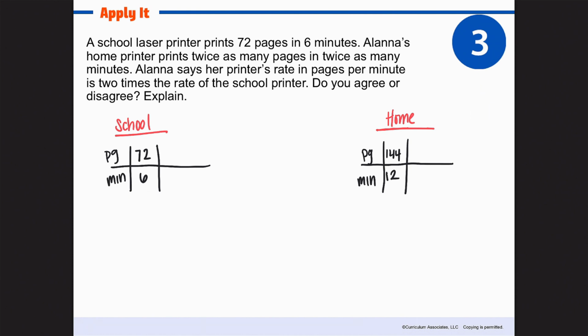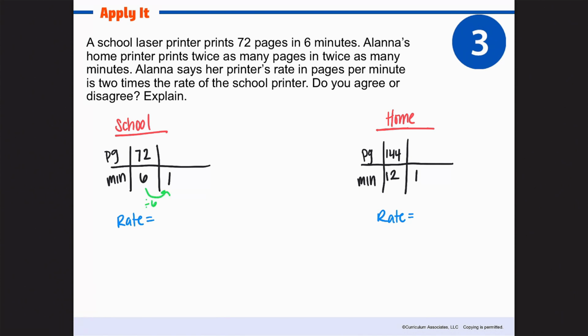Now let's find our rates for each one. I know I can find my rate by dividing. Okay. So if I want to have per minute, just like she said, per 1 minute, what am I going to do to figure that out?